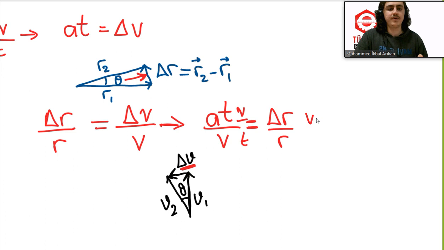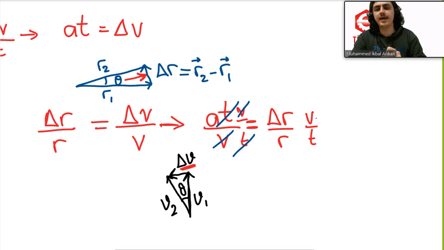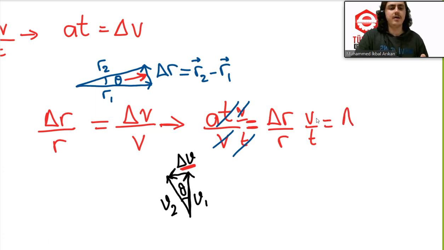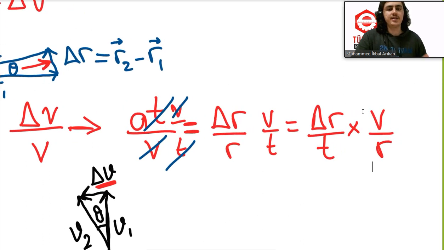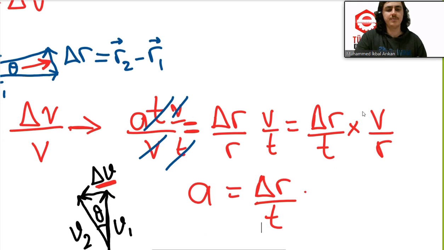This V over T, so these will cancel each other. I will get delta R divided by T. I will put this T just below the delta R. You will see why I am putting there. And V divided by R. So actually this acceleration will be equal to delta R divided by T multiplied by V divided by R.